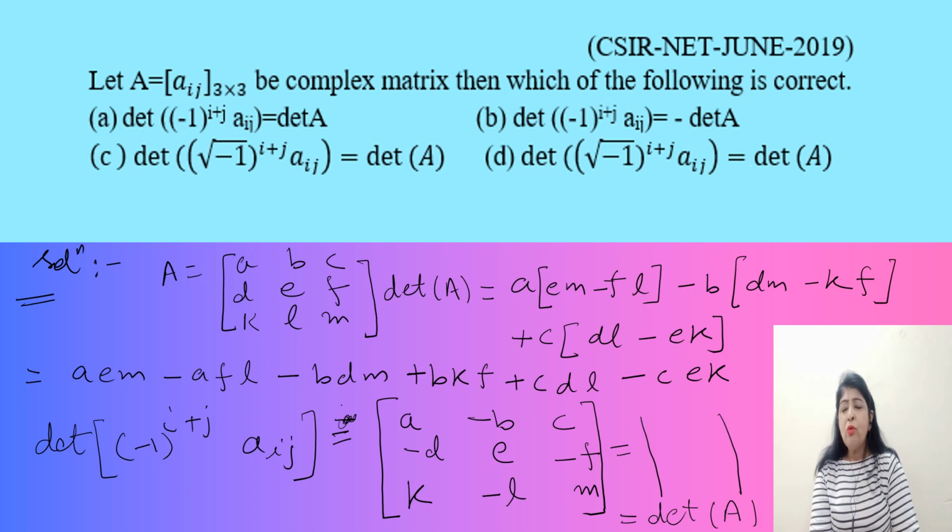So when you expand this by R1, you will get this is equal to the determinant of A. So option A is correct and B is wrong. Now let us take up the third case, the C part.